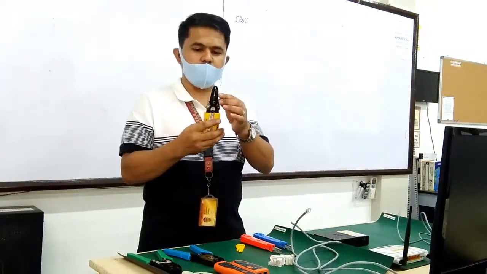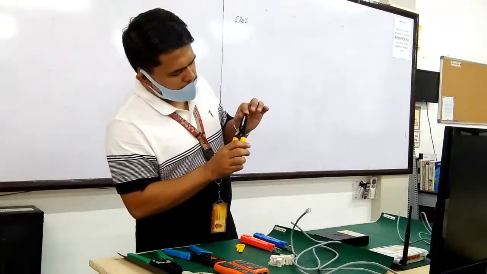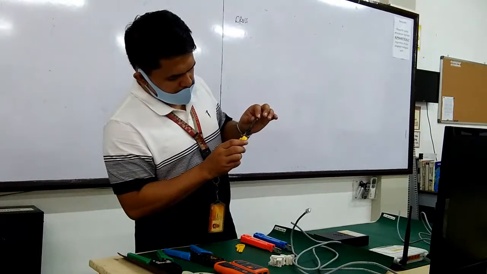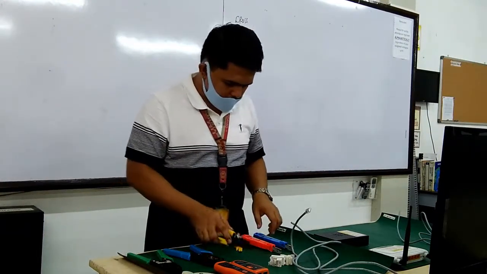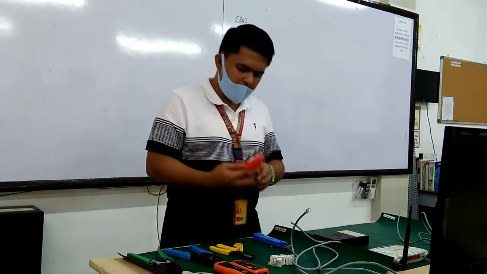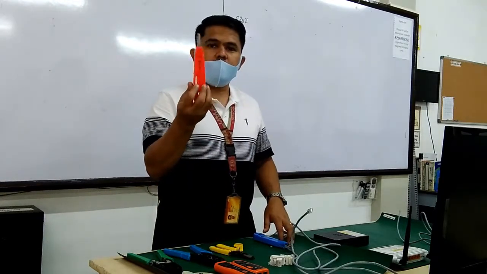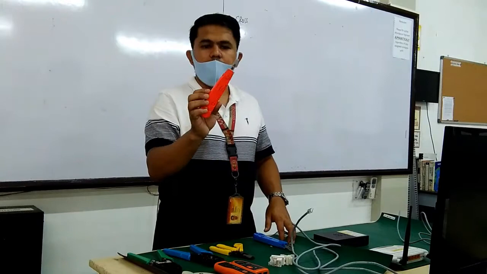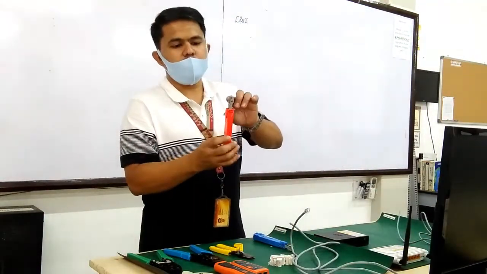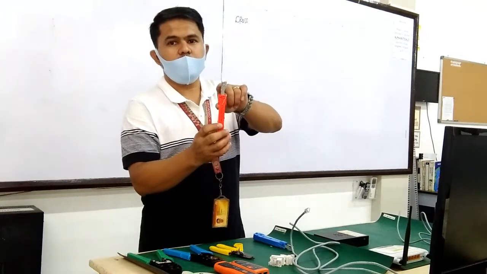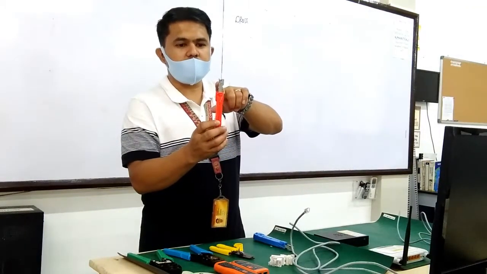You choose what wires you're going to strip. Also we have the punch down tool, which we're using later on. If you look at the punch down tool, there's a scissor here for you to be able to cut the existing wire.